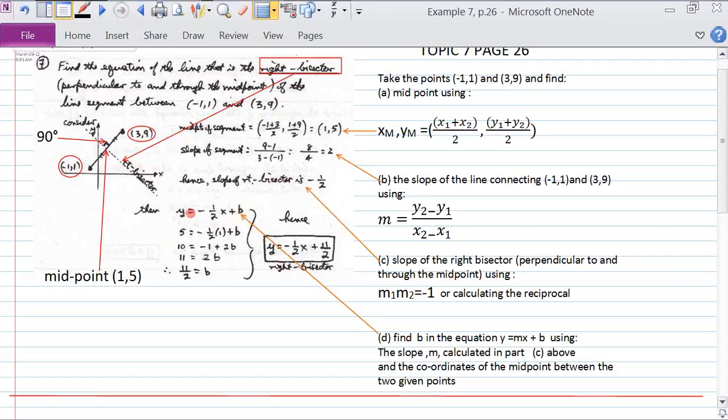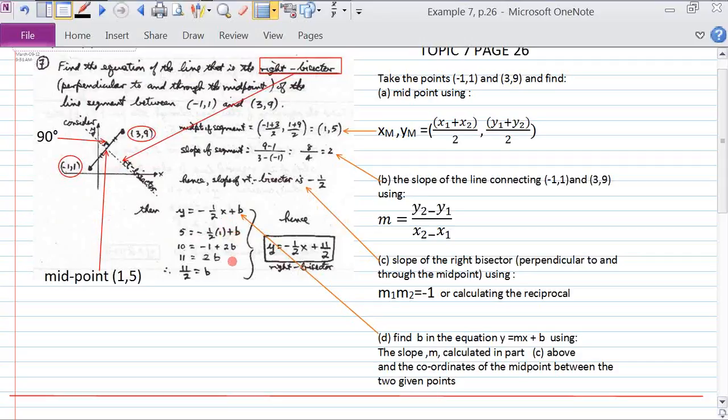So y equals minus a half x plus b, and it passes through the midpoint (1, 5). So y is 5, and for x we've chosen 1, plus b.